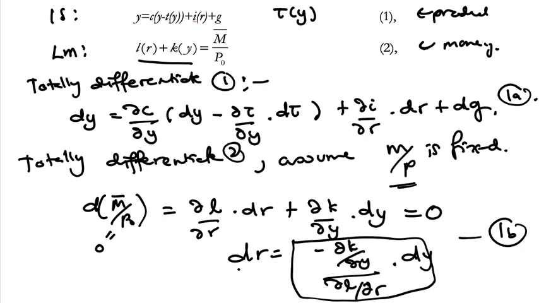Yes, dr is here. So we need to substitute 1b back into 1a and then rearrange it so that we can get the government spending multiplier. Yeah? So we proceed with this.